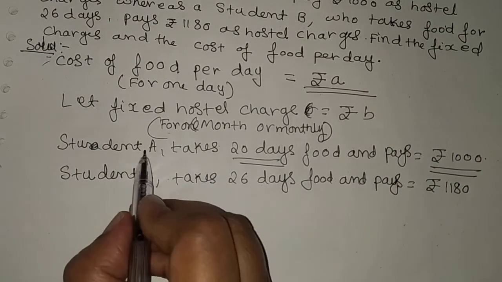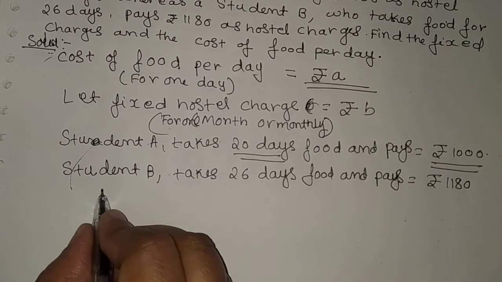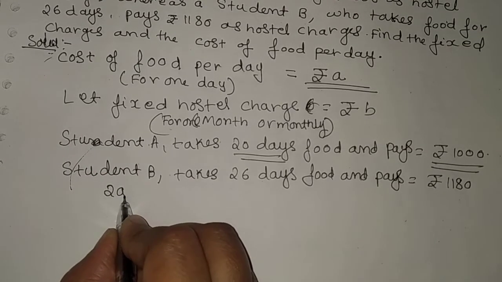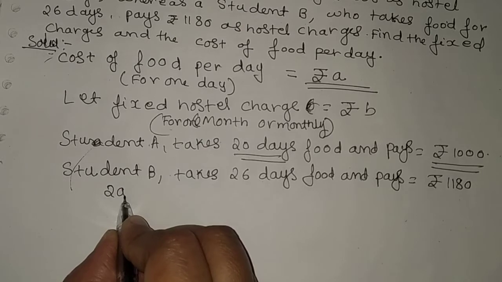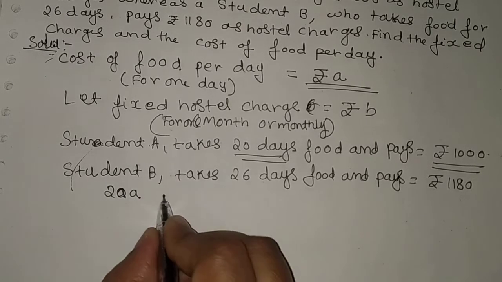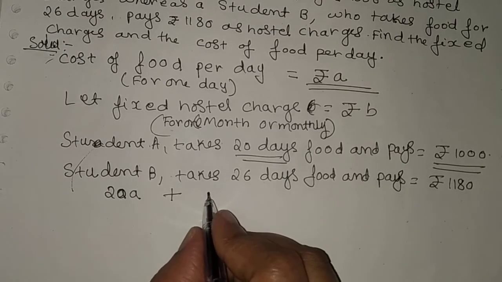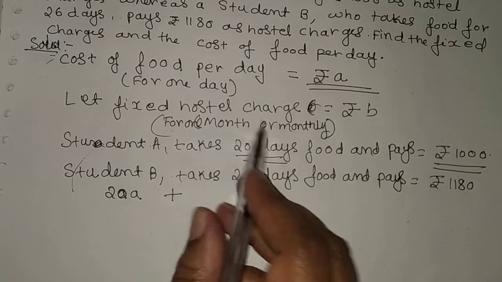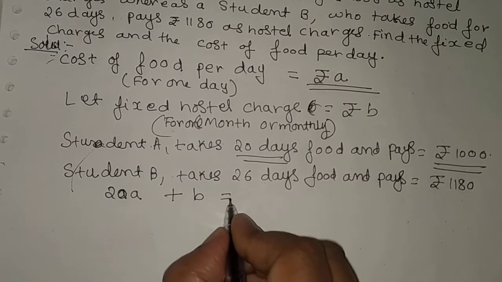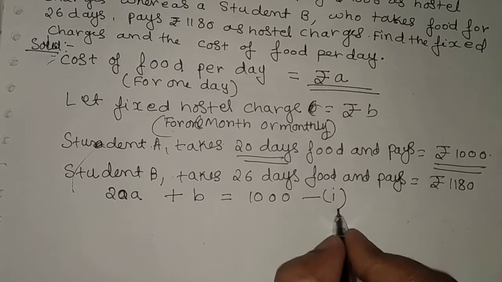So now we have to write the equation for both. For the first student we'll write 20. What is the food cost per day? Cost of food per day is 20a plus fixed charges b, which is equal to 1000. So this will be equation 1.